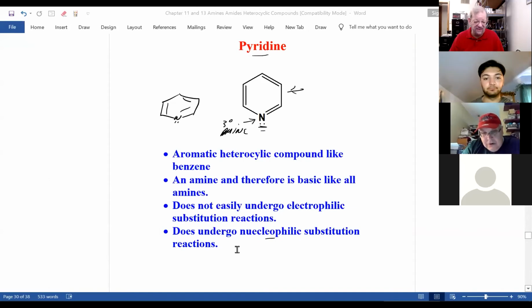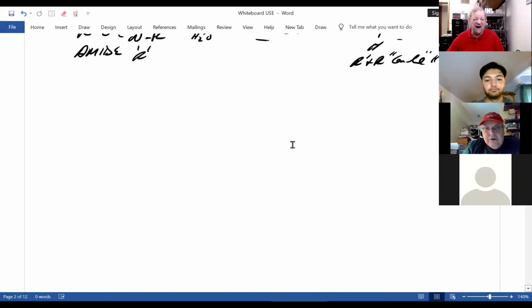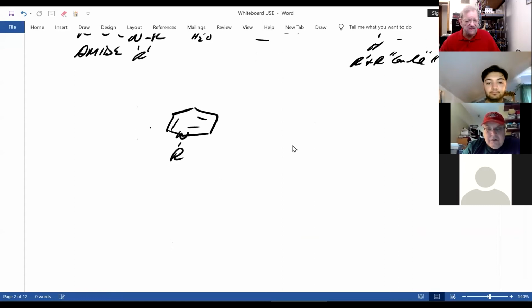Let's take a look. Here's pyridine. The molecule in that mouthwash has a cetyl group, which is C12, if I remember correctly, CH2, 12 carbons. And how do you make that?